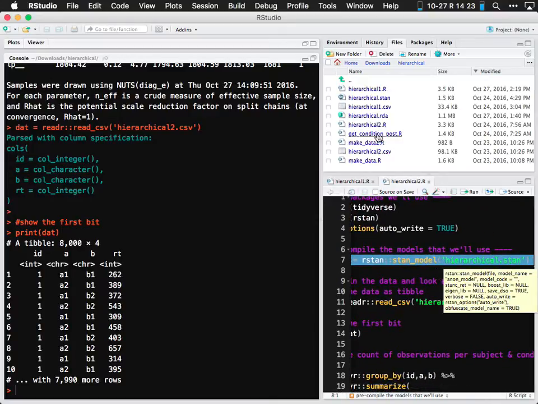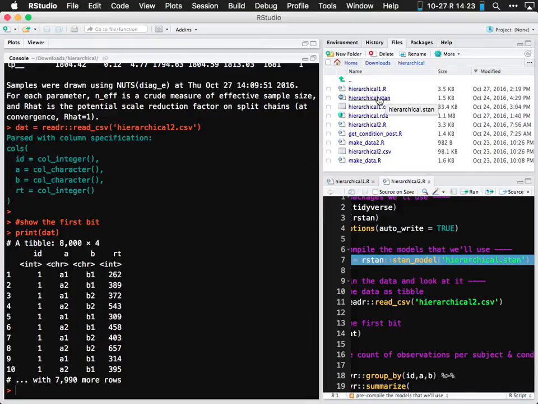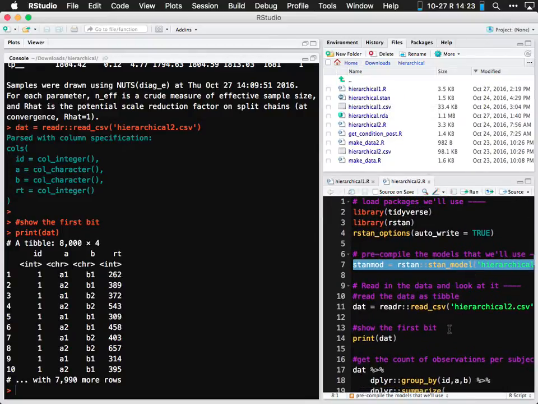It's not. The nice thing about how I wrote the hierarchical.stan is that it will flexibly accommodate this new design. So the first thing was just a one-way repeated measures. The second thing is a 2 by 2 repeated measures. The way I wrote the hierarchical.stan, you could use either. It will be okay with both kinds of experimental designs.